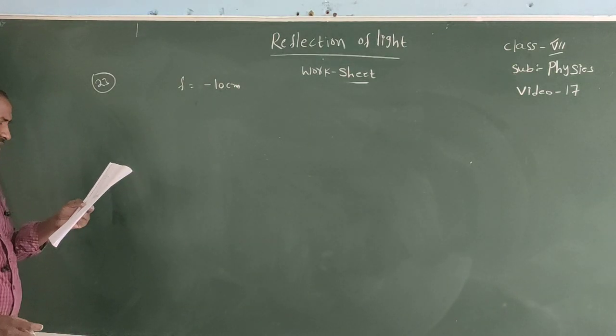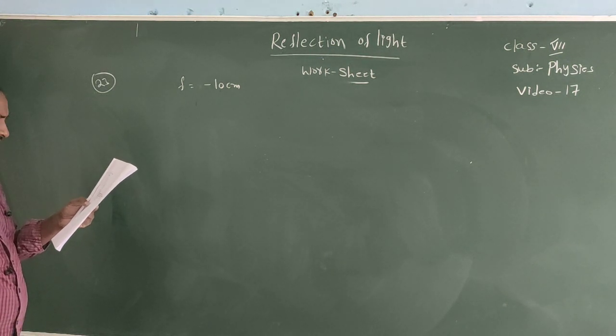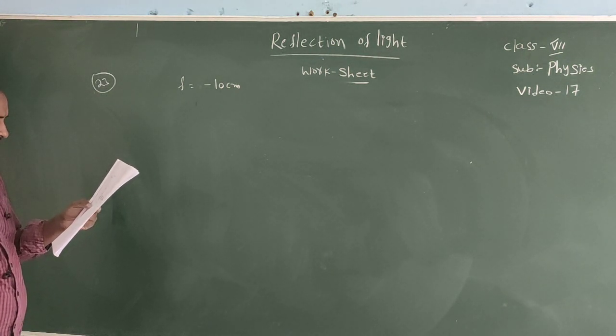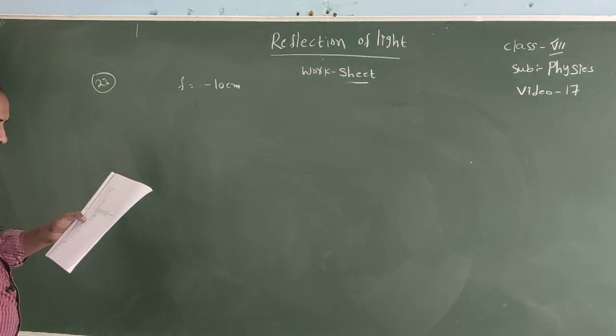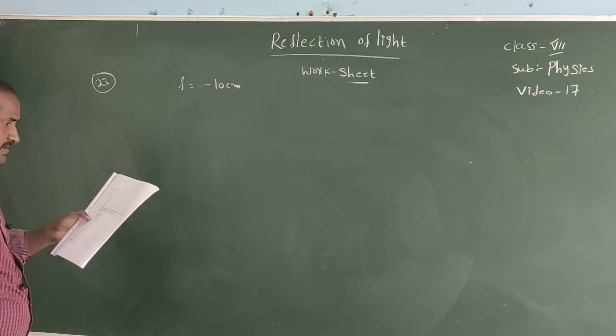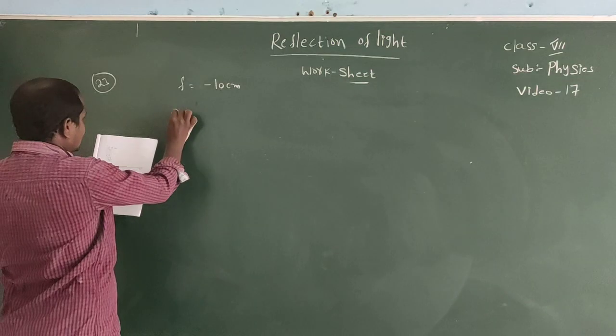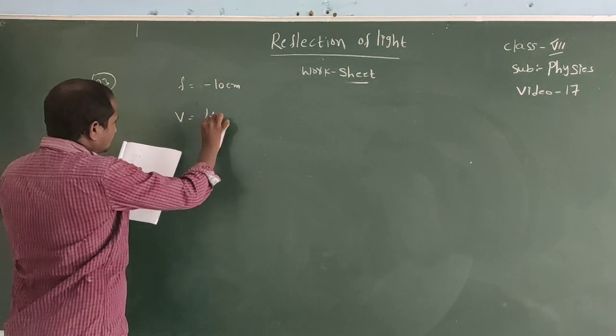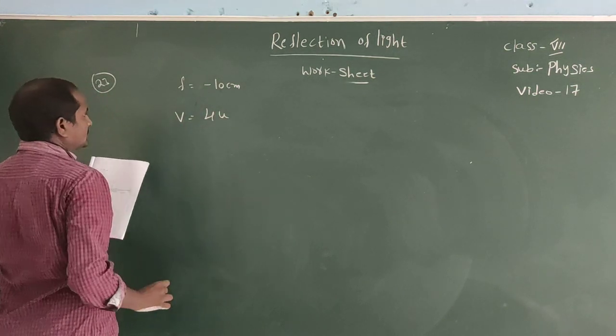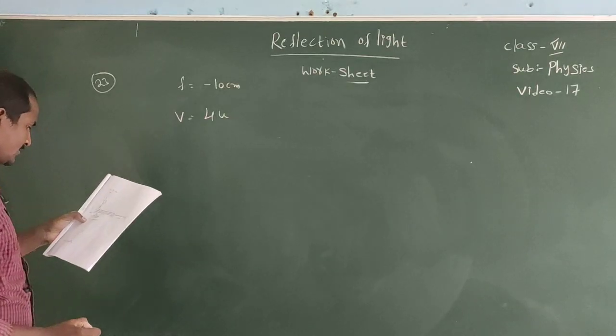Here, the size of the image is 4 times the size of the object. Here, V equal to 4u.